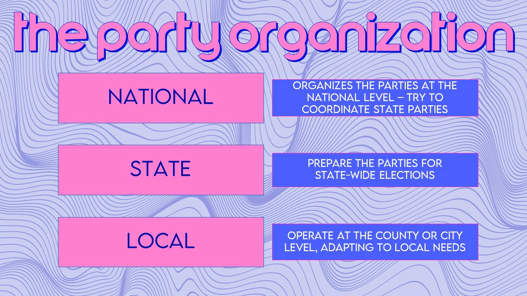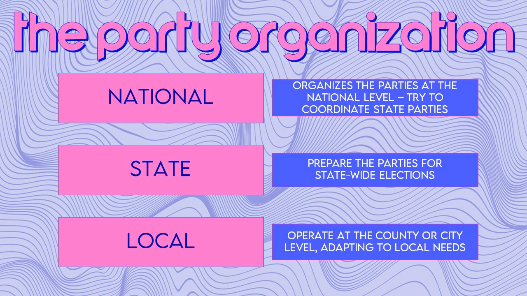The state parties, those parties are run in each individual state, and they prepare the parties for statewide elections. But they have to adjust to the voters in their state. So the Democratic Party of Tennessee or Mississippi probably has very different beliefs than the Democratic Party in Oregon and Washington. So they adjust to the local needs. And then the same is true of the local level party.